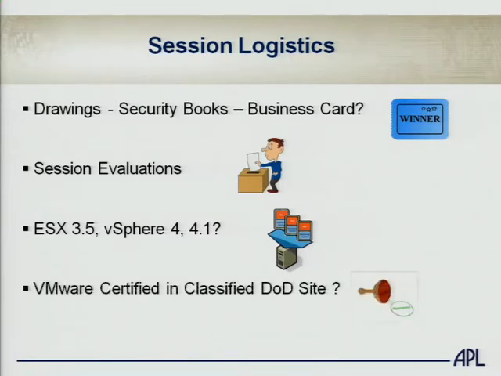Who's running 3.5 in a DoD environment certified with an ATO? This ought to be interesting. How about vSphere 4? Anybody running vSphere 4 certified with an ATO? Okay, that's pretty good. How about 4.1?